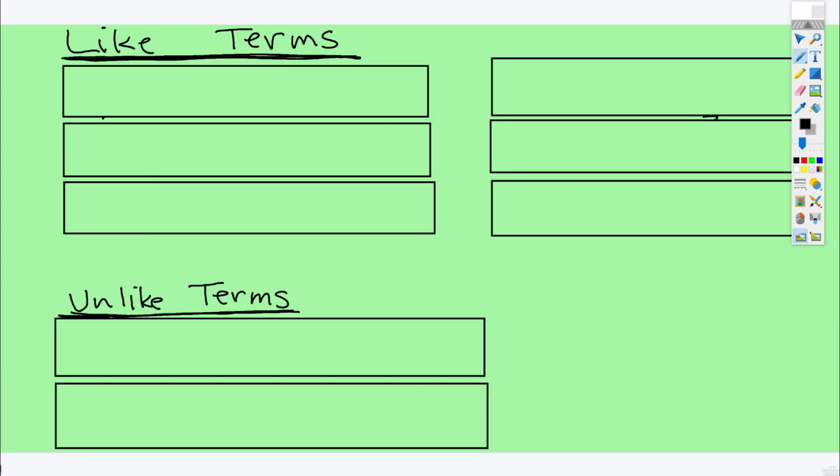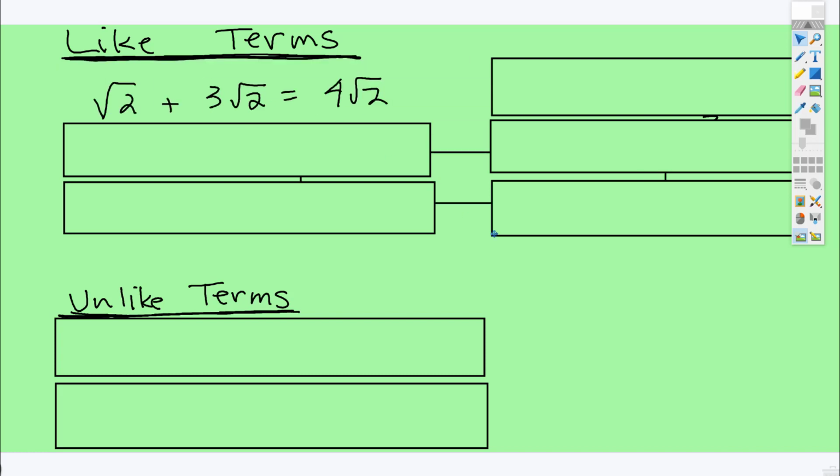Now, when you're adding irrational numbers, you can only add like terms. So I'm going to show you the like terms, addition and subtraction, and the unlike terms. So notice the square root of 2 plus 3 root 2, the radicals, the number under the radicand, they're the same. So here's that invisible 1. So 1 root 2 plus 3 root 2 is equal to 4 root 2.